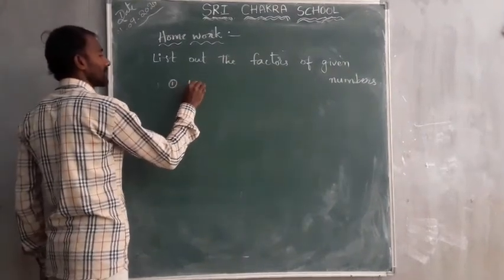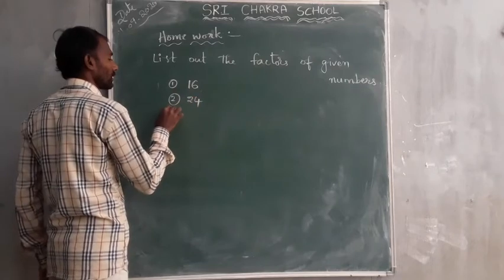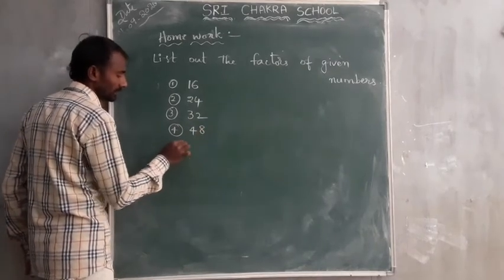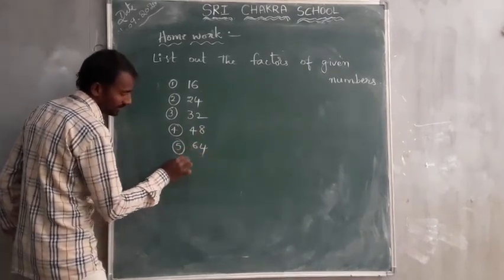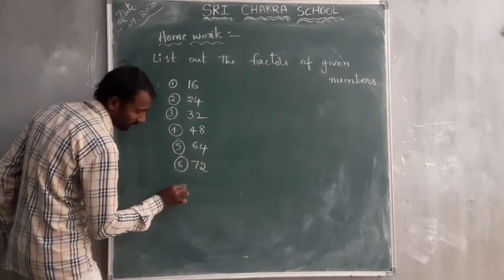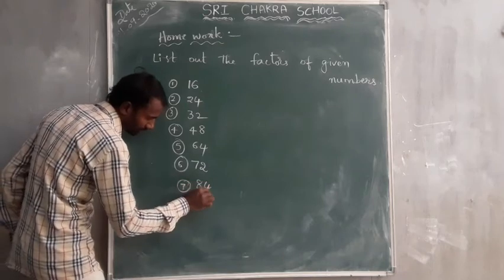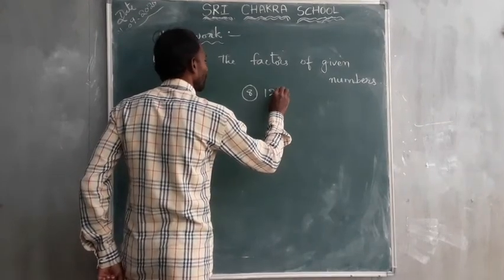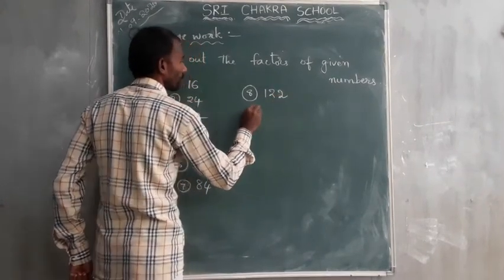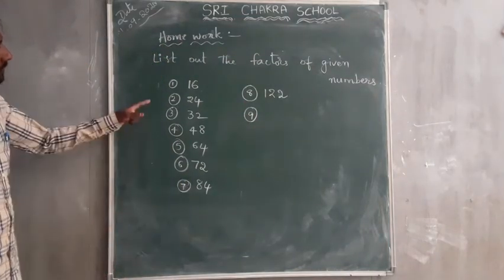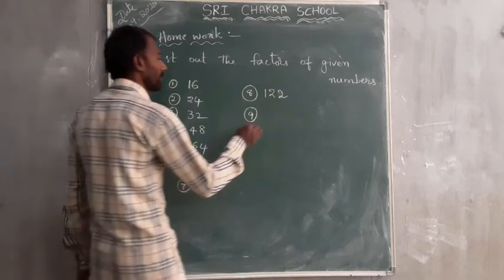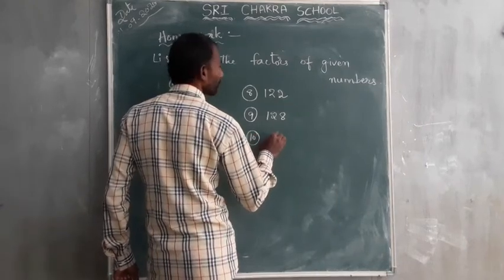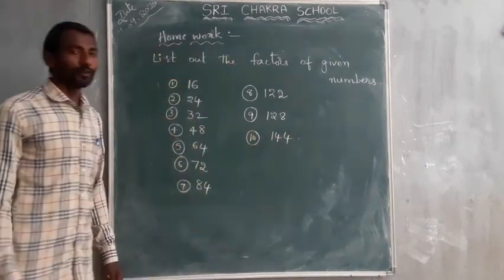So first one 16, second one 24, third one 32, fourth one 48, fifth one 64, sixth one 72, seventh one 84, eighth one 122, ninth one 128, 10th one 144.